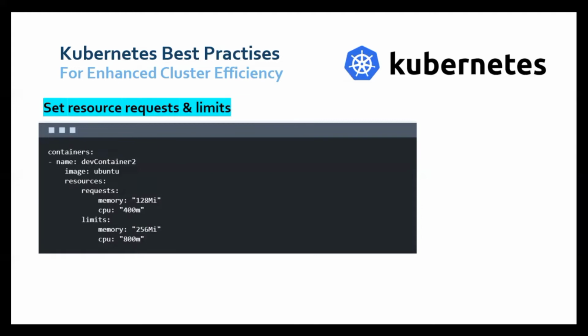In limits, that particular pod only goes up to 256 Mi, that is 256 MB, and for CPU it can go up to 800 m, that is 0.8 core only. After that, if it gets overutilized and crosses limits, that pod will be evicted, and again that pod will come back. This is how we can avoid that capacity downtime using resource requests and limits.